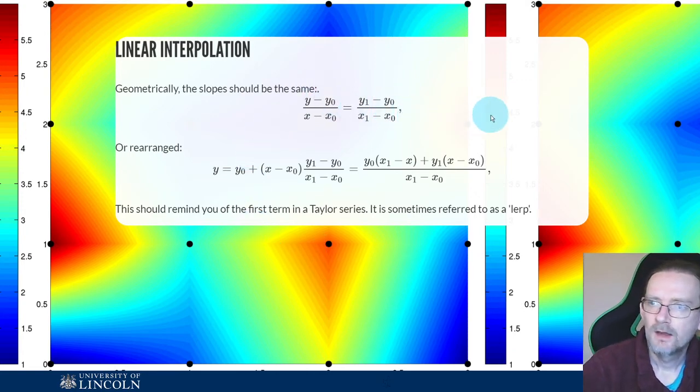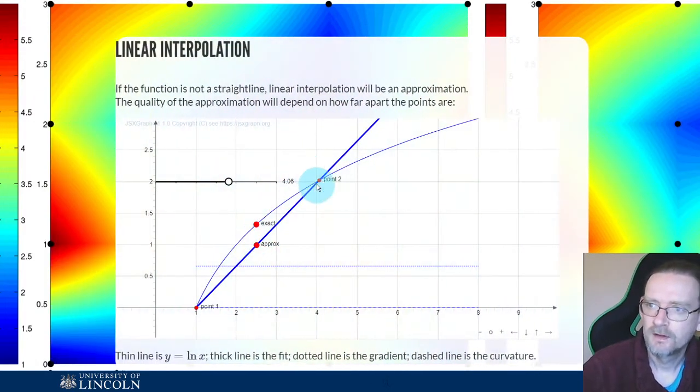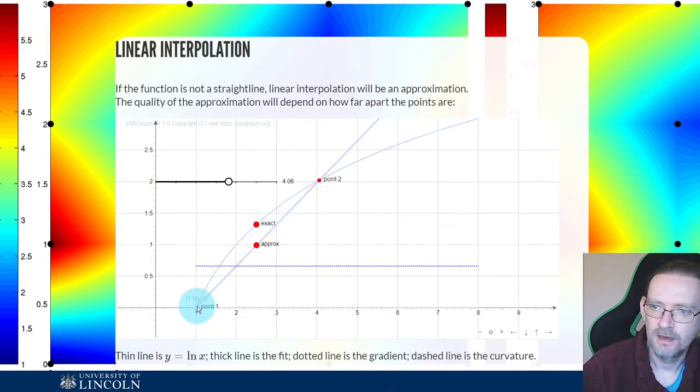Hopefully these look sort of familiar. One way of deriving it is to say that the slope at our arbitrary point that we want to find, our point x and its associated function value y, in between y0 and y1. On this graph, this is y1, x1, y0, x0. Our point in between is at x, y.